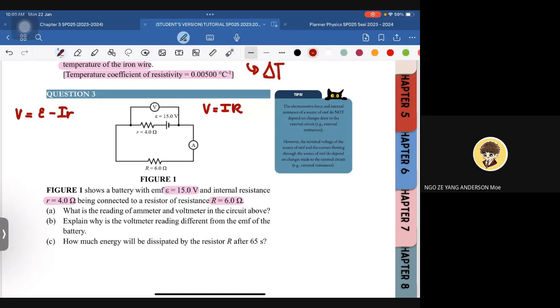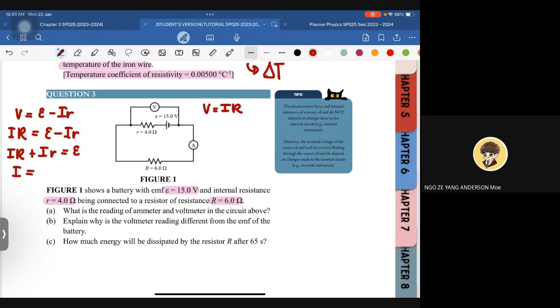So how do we solve this? We know that V here is equal to IR. So we can substitute into EMF minus Ir. From here, rearrange: I capital R plus I lowercase r equal to EMF.